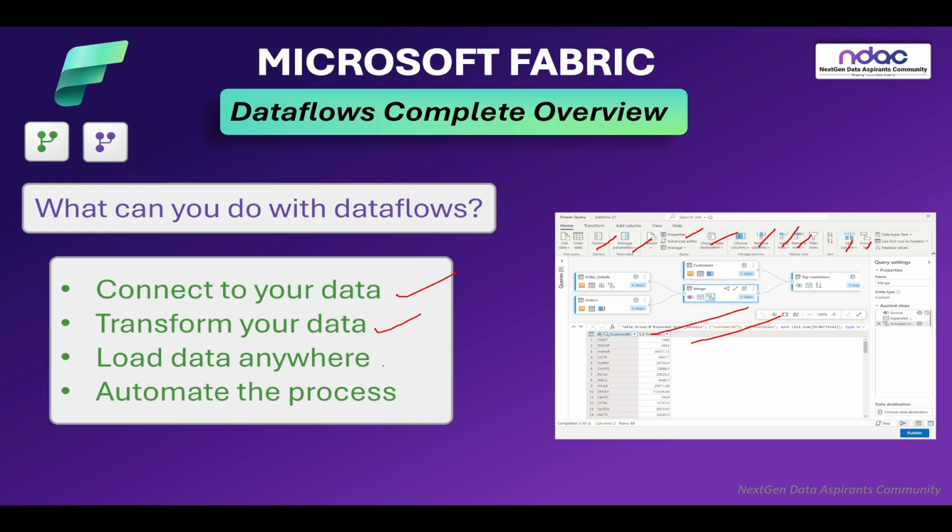And you can load data into a destination, and you can automate the process. When I say automate the process, let's say you connected to data from a database, Azure SQL database, pulled the data into Dataflow Gen2, did some transformations, and later on top of this data flow you built a Power BI report.